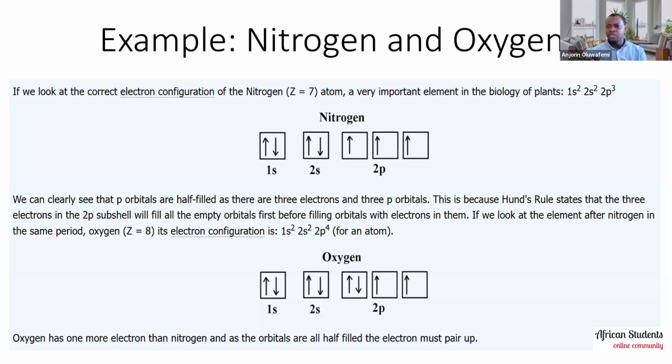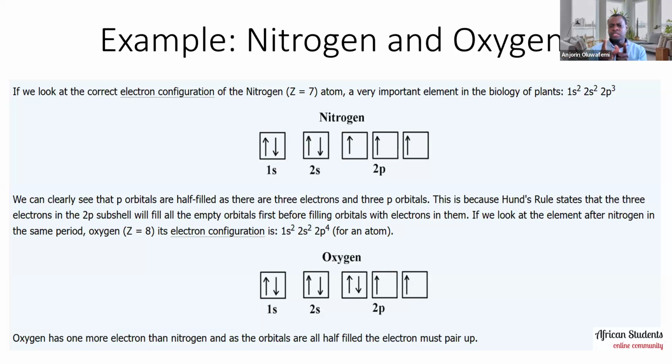That's the electronic configuration: 1s2, 2s2, 2p3. That's a total of 7. Now, look at the way Hund says that it's going to be filled. First, you see them filling up from the orbital with the lowest energy, and then it graduates up like that.